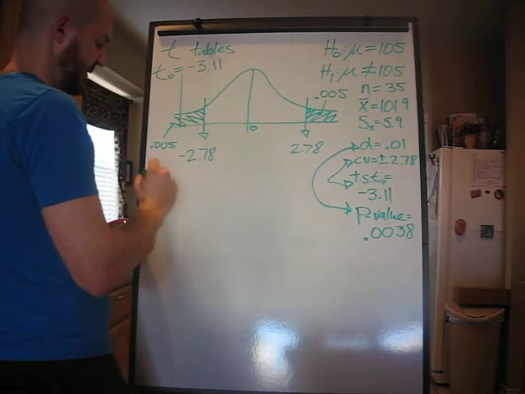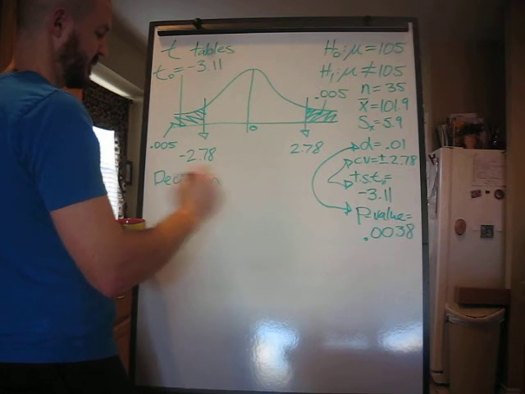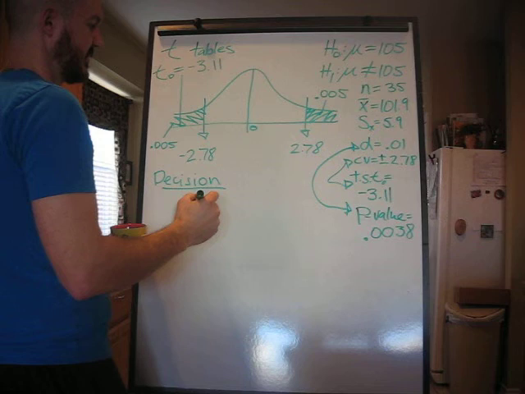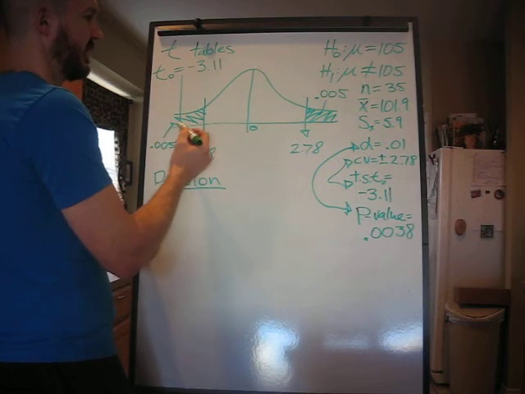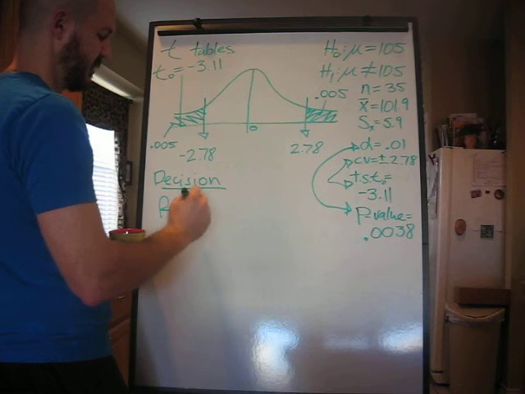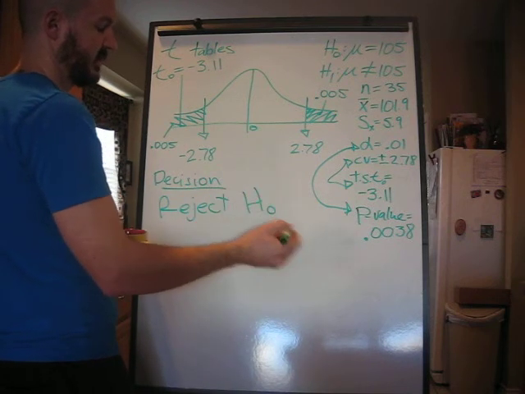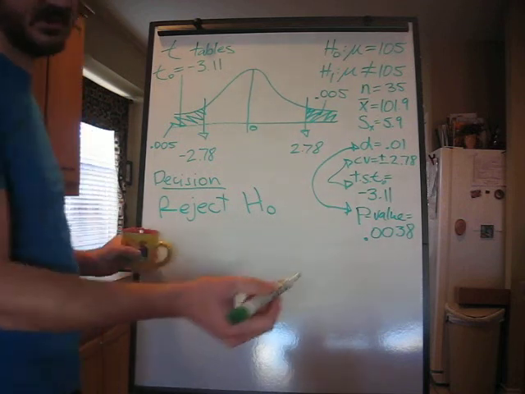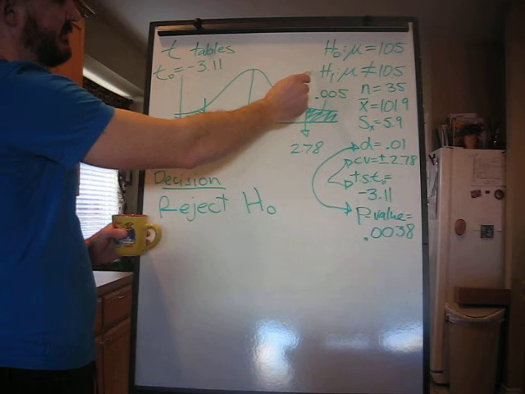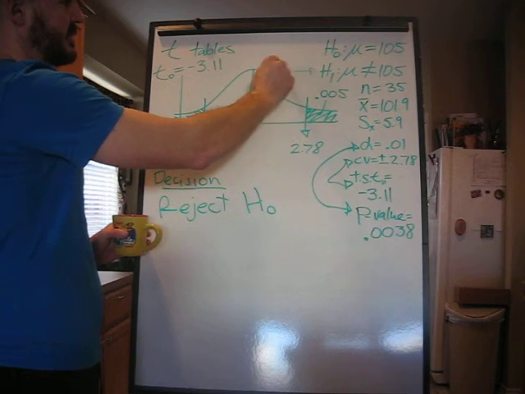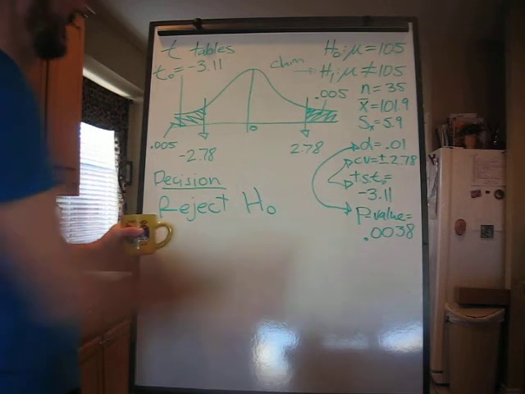So our decision: since T fell in the rejection region, the shaded area, we are going to reject H naught, the null hypothesis. Now by rejecting H naught, we have therefore strengthened our claim. Remember, this was the claim.